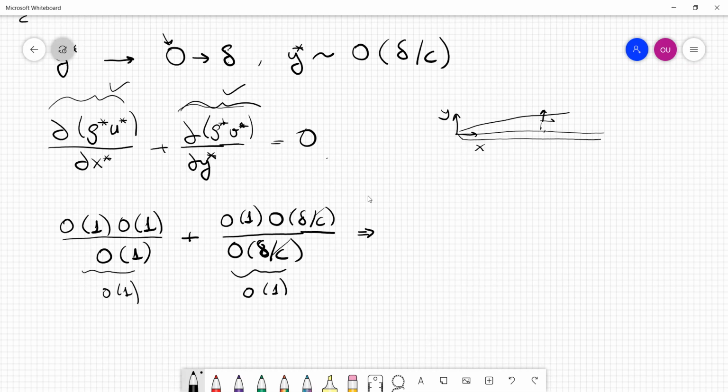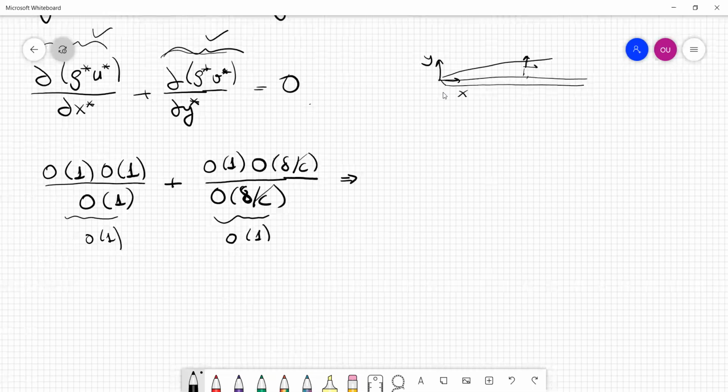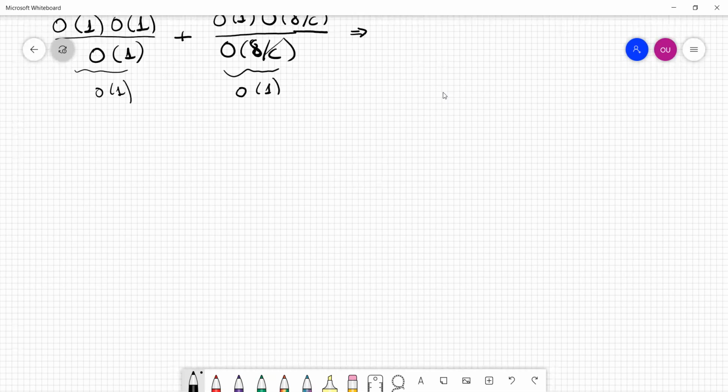The exercise that we did was for the continuity equation until this point. Now we will take a look at the terms of the momentum equation, one by one. First, the x momentum equation.